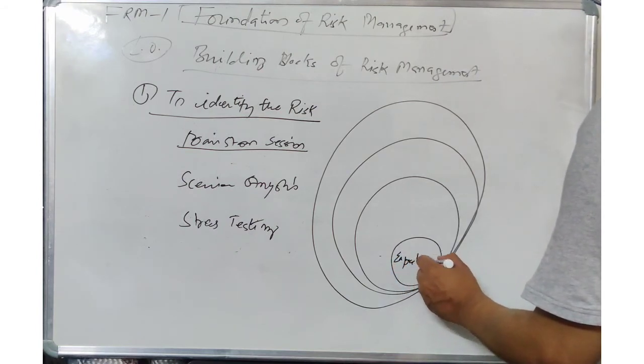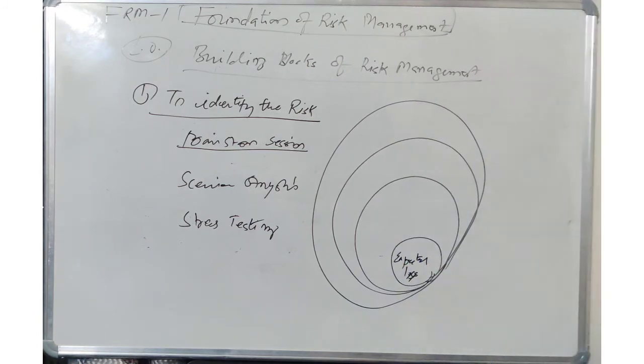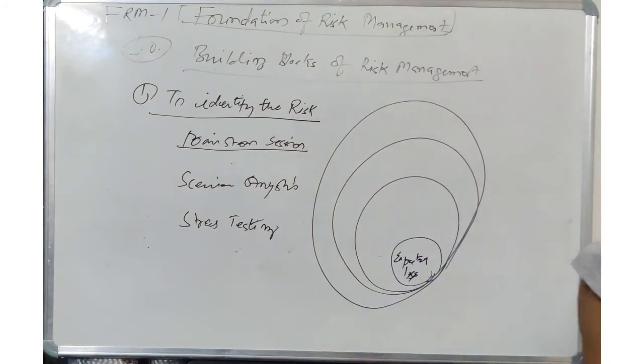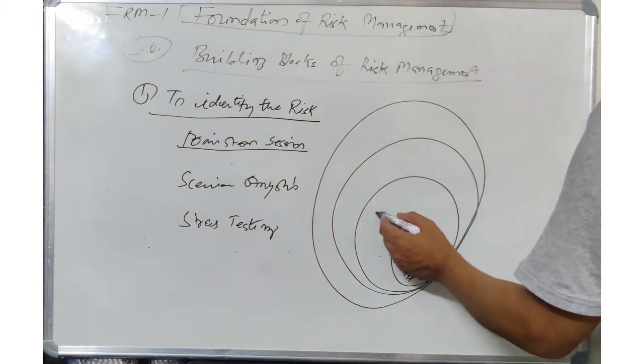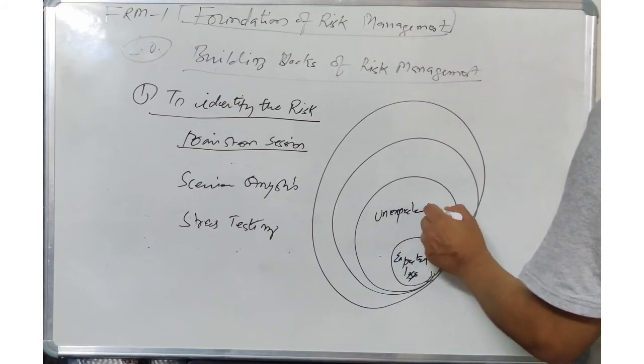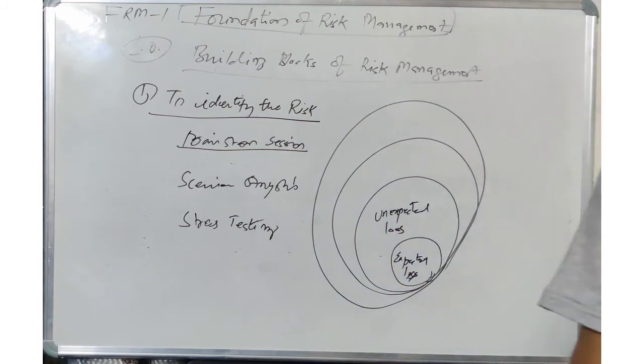The innermost portion of these loss categories is expected loss, which is known at the start of the transaction or the activity. The second is unexpected loss, which is quite severe compared to the expected loss, because the quantity is not known and therefore it is difficult to measure, and the organization needs to strive to manage this unexpected loss.